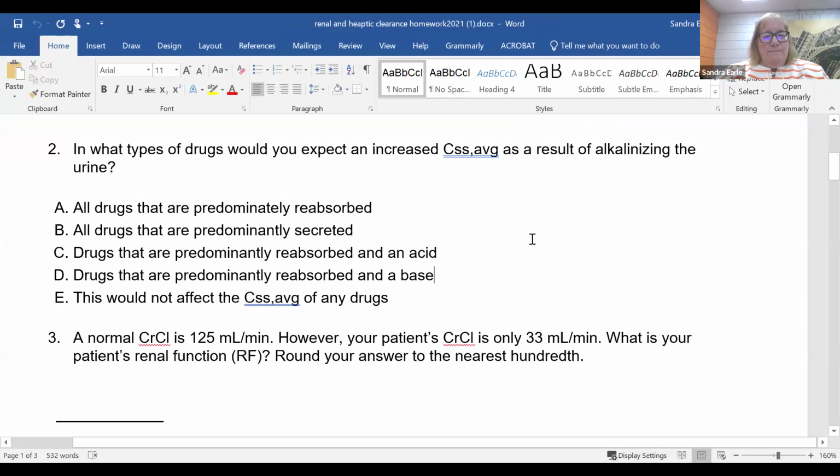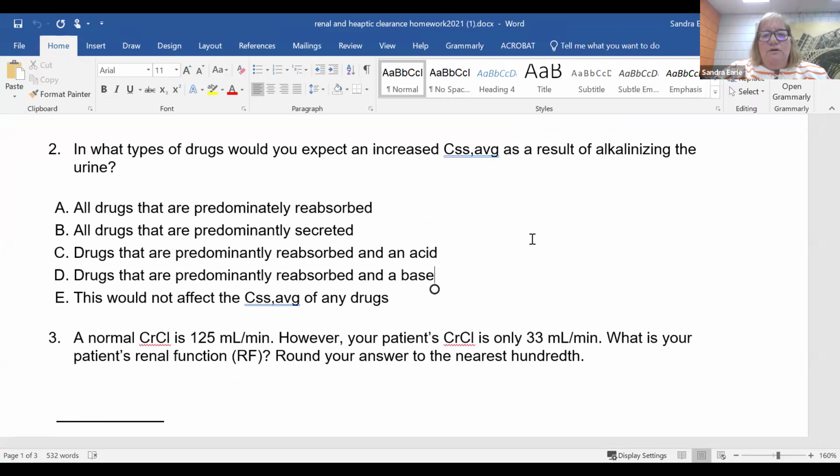Okay, so here we have alkalinizing the urine, right? What we're looking for, sorry, I have to move everything out of the way now. Does it say increased or decreased?